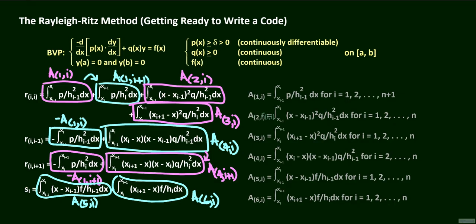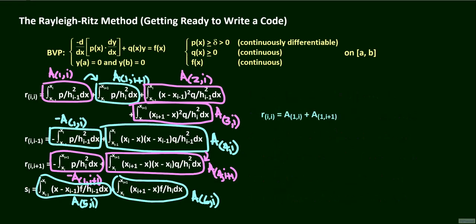And so we have R sub i equals a sub 1i plus a sub 1, i plus 1 plus a sub 2i plus a sub 3i, with i going from 1 to n. R sub i minus 1 is equal to minus a sub 1i plus a sub 4i. i goes from 2 to n.